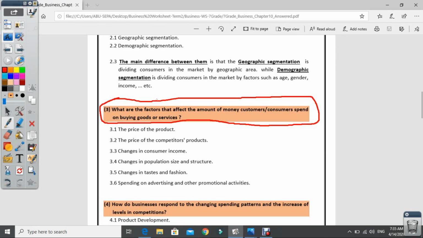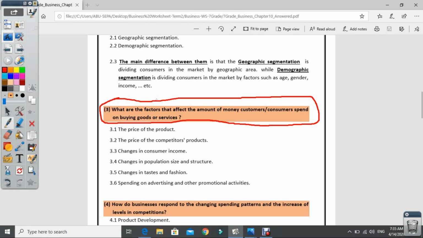So the factors that affect the amount of money consumers spend on buying goods or services: the first one is the price of the product. It's on page 141. Do you remember, guys, that for most products, the higher its price, the lower the quantity sold, and the lower the price, the greater the quantity sold?